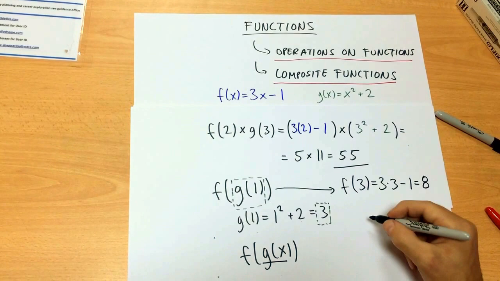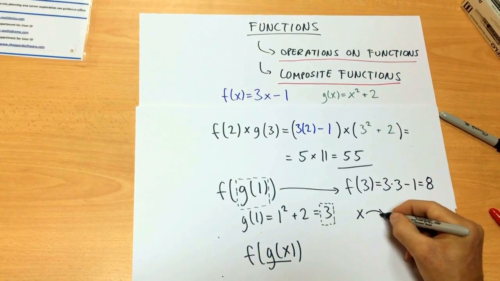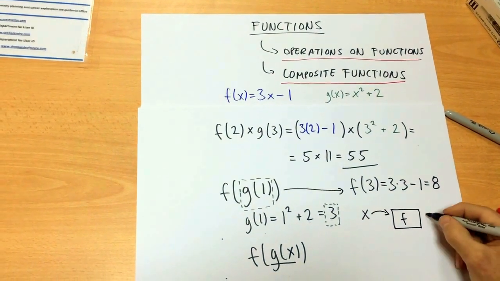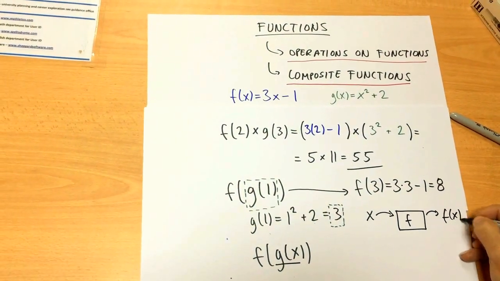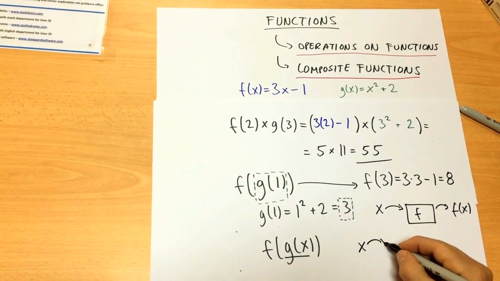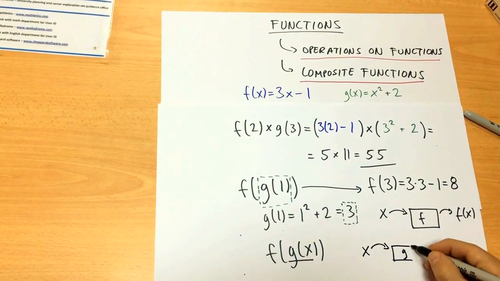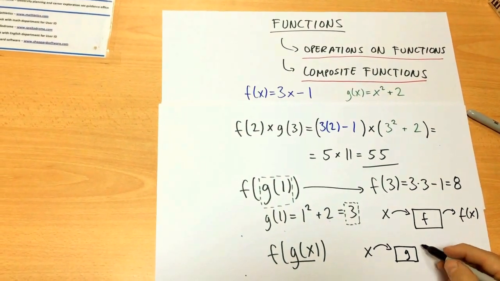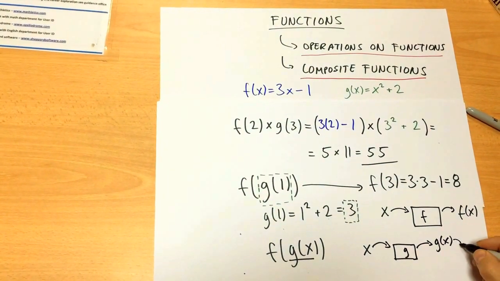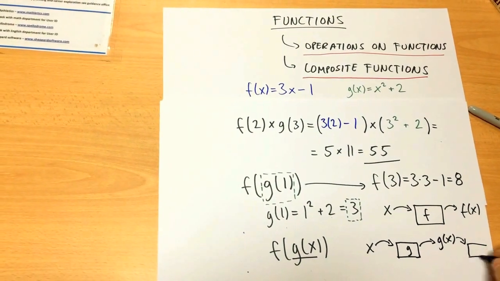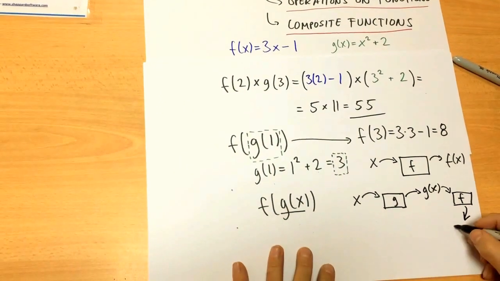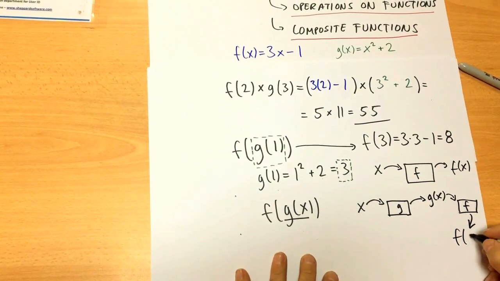If you're having this machine model where x goes into the black box that we call f, this is the name of my function, and out comes an f of x, then in this case with composite functions I have an x going into the function g, and g produces a number that's g of x, and this number goes into the function that I call f. So out pops nothing else but f of g of x, like this.